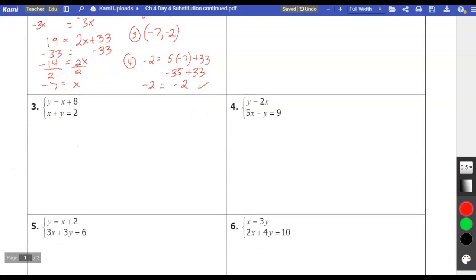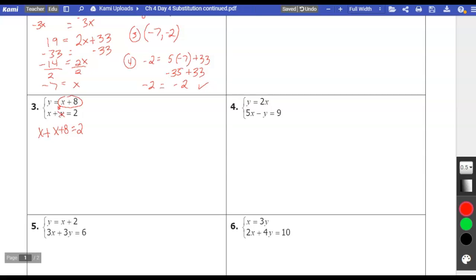On number 3, I have a variable by itself, so I want that to be my substitution. If y is equal to x plus 8, then I can just substitute that right there. So now I have x plus, and now instead of y, I have x plus 8, and that equals 2.